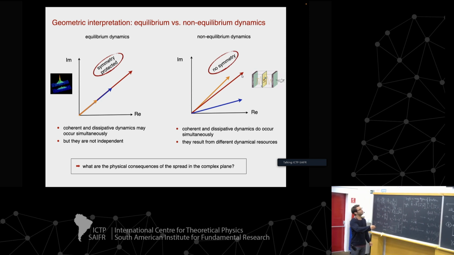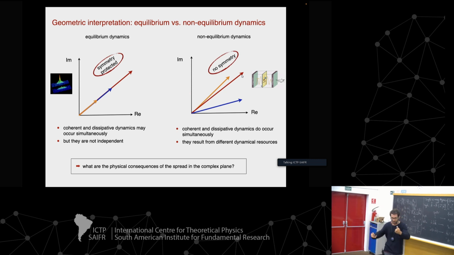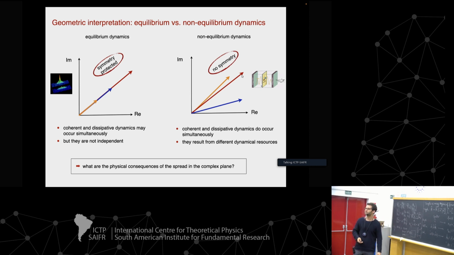And that is really protected by this symmetry that we just identified, while in a driven open system, I hammer onto the density matrix of the system with very different external baths, and that causes these couplings to bear no relation with respect to each other. So you can imagine each of these couplings as being associated to a different physical bath, and that confuses the system, and that causes the spread in the complex plane of couplings.